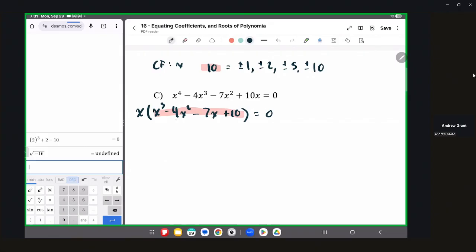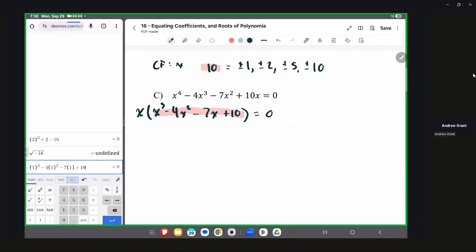So if I have x cubed minus 4x squared minus 7x plus 10, looks like x equals 1 is going to be a solution, but we should test it out because I was wrong last time and it's possible I can be wrong again. So we have 1 to the power of 3 minus 4 times 1 to the power of 2 minus 7 times 1 plus 10.